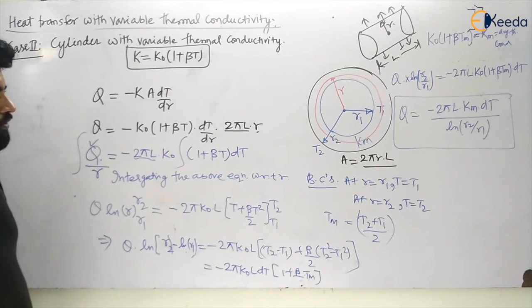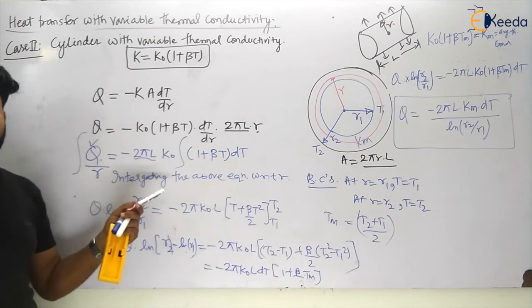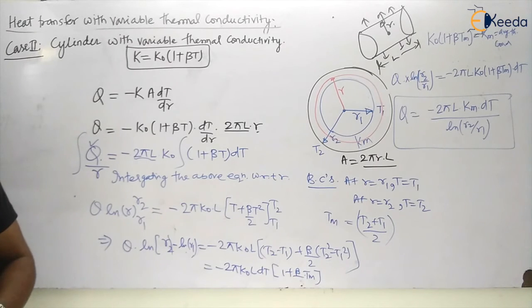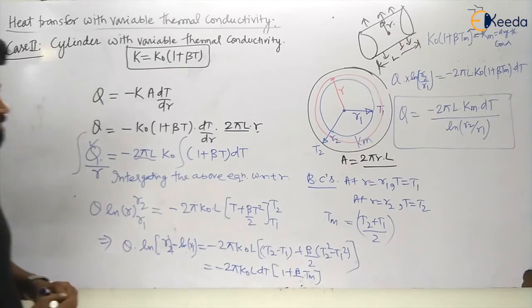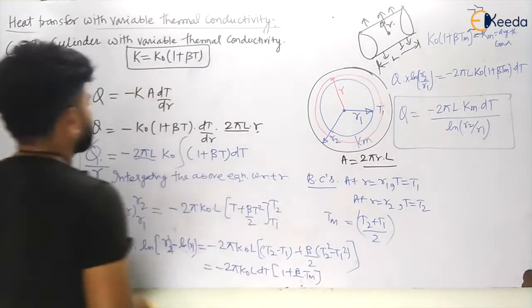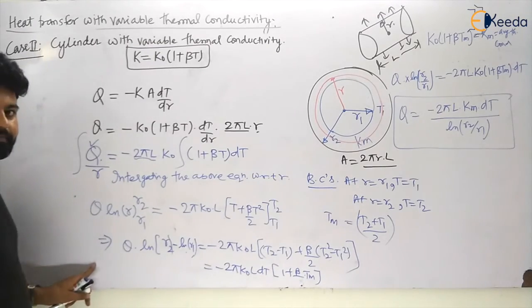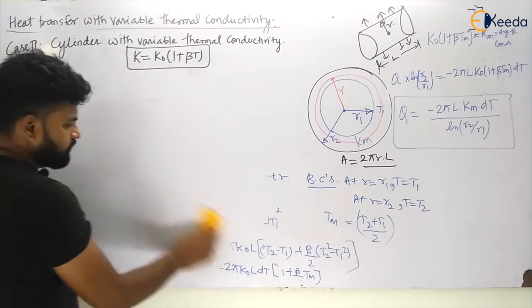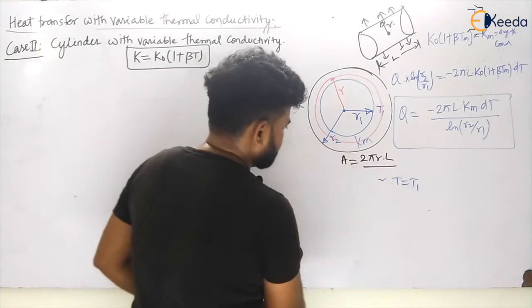So temperature will be in this case given by what? Again I will integrate this equation. Now let us see what will be the temperature profile. So it will be the integration from R1 to T. I am not considering T2 right now. So let us see. Hope you have written that. So let us calculate the temperature profile.